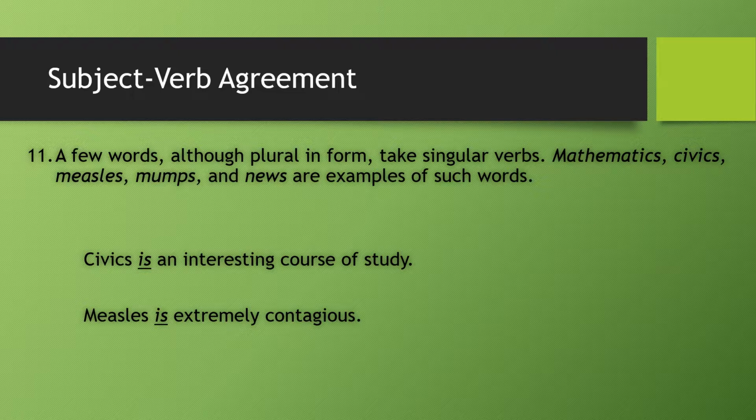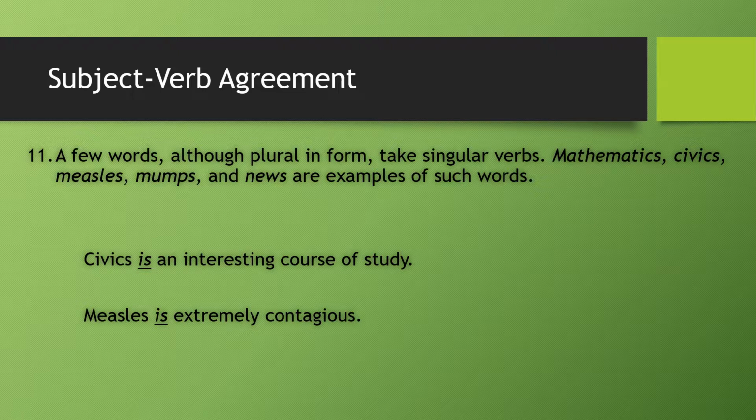Civics is an interesting course of study. Civics is the title of the course. So it's not talking about civics in the sense of plurality, but it's talking about the singular course of study.